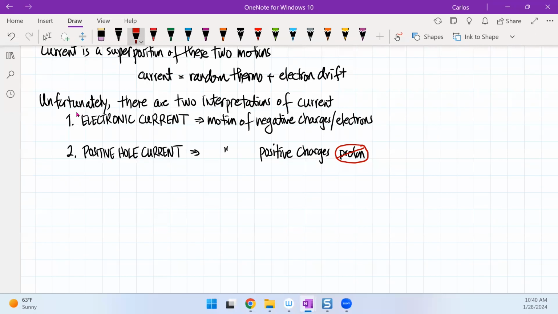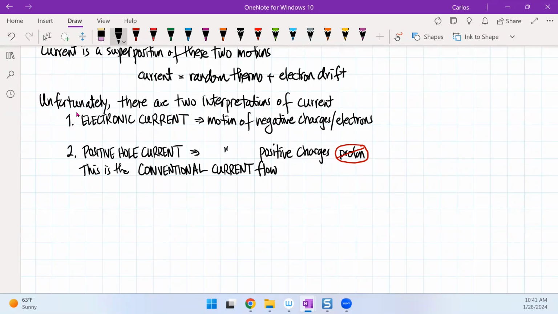So these positive charges are not real positive charges. Therefore, the hole. Unfortunately, this is the conventional current flow. And it's the conventional current flow that's the standard in all circuit problems.